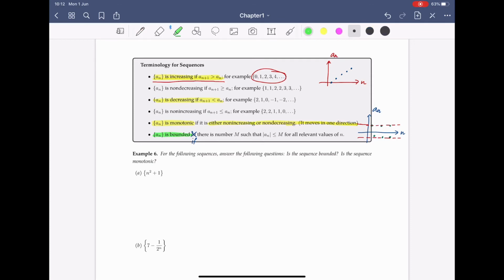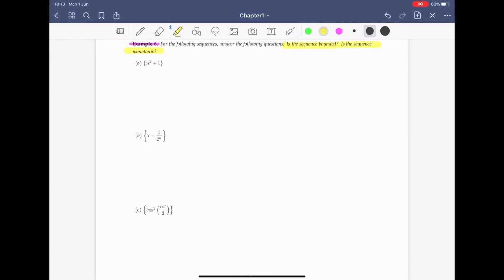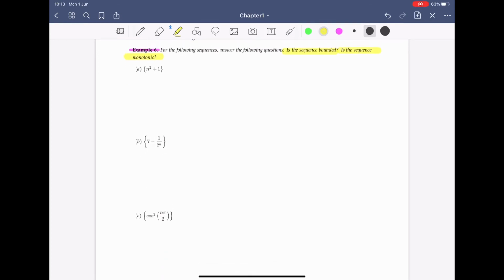Example 6: for the following sequences, answer the following questions. Is the sequence bounded? Is the sequence monotonic? Let's do it. The first one is n squared plus 1. As I told you, if you have a hard time thinking about this, you can draw the graph first.